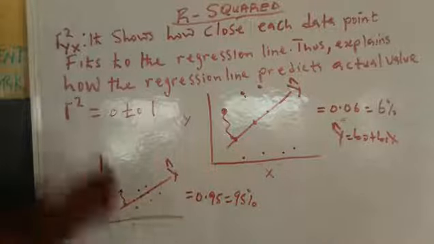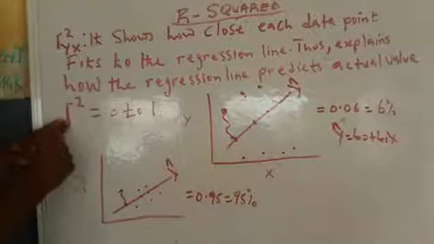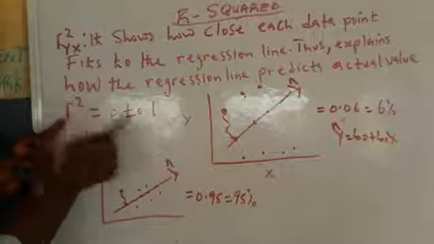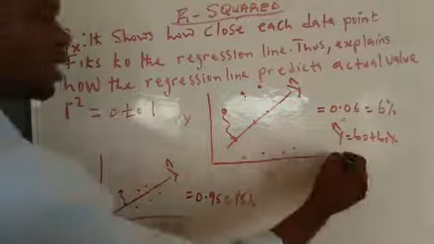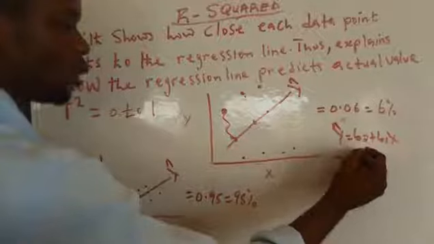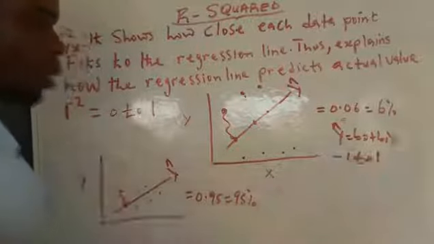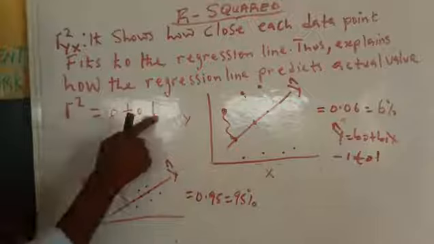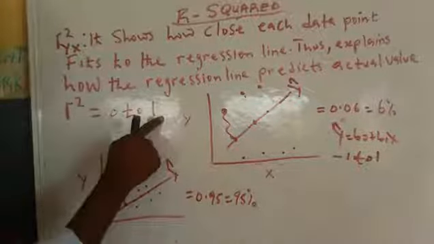That R is what we squared here. The only difference is that the value of that R falls between -1 and 1, but this one falls between 0 and 1. So your R square value falls between 0 and 1.